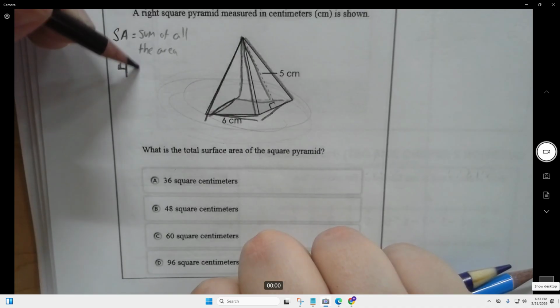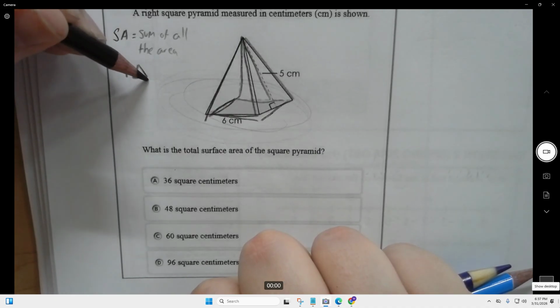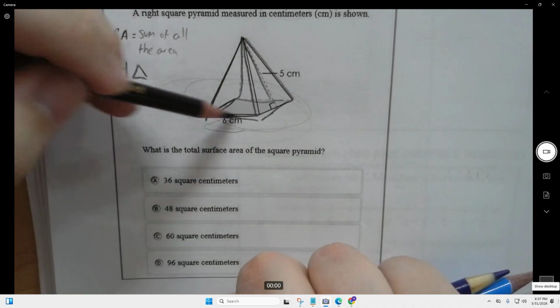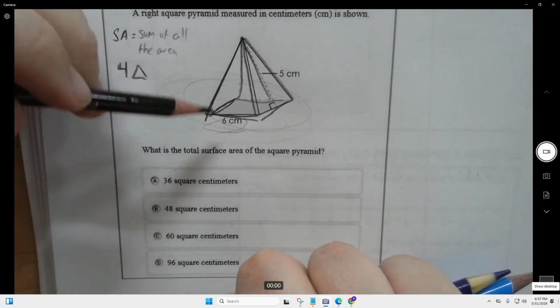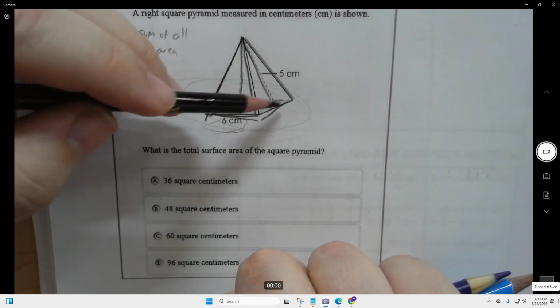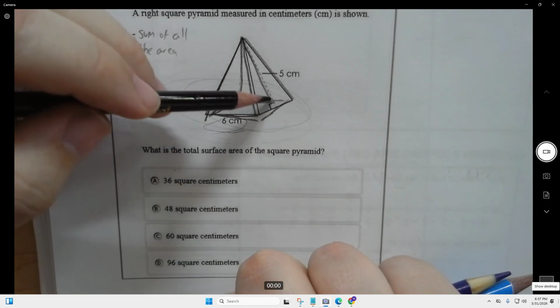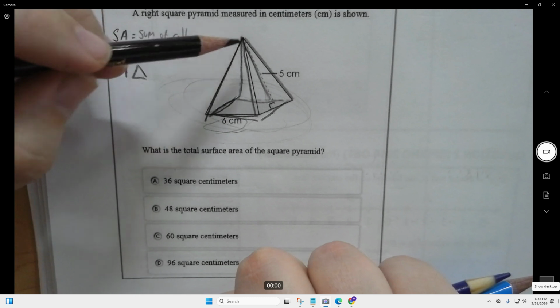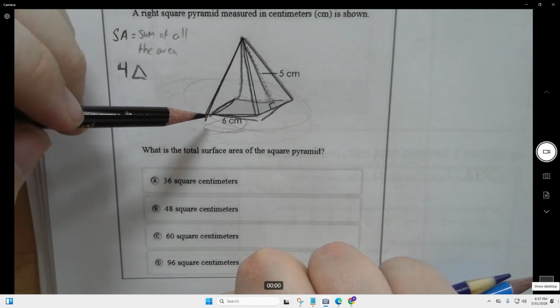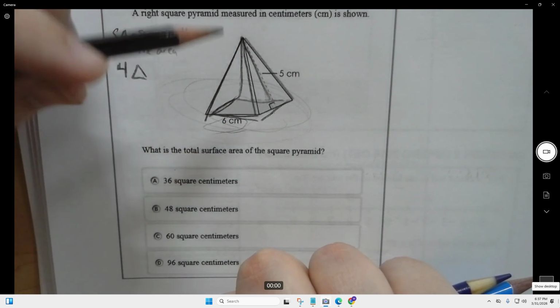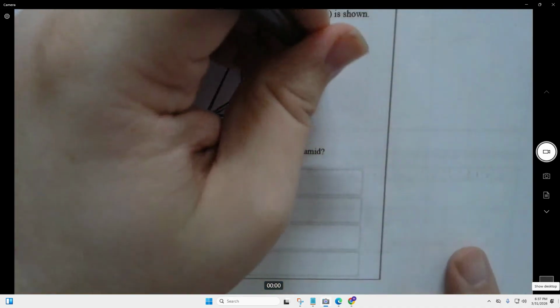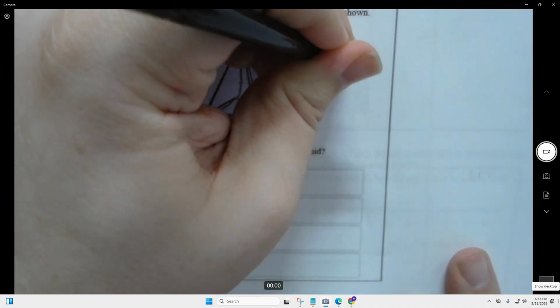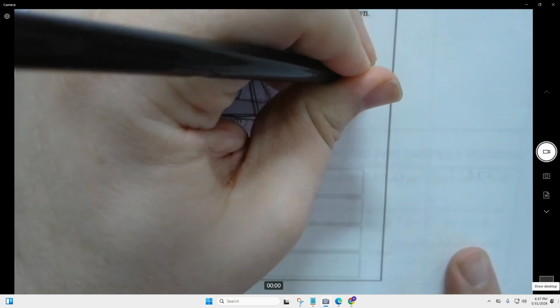All the triangles have the same base because this is a square. They're all 6. They all converge to the same point, so they all have the same height, which is 5. You remember the area of a triangle, as we said earlier, is 1/2 base times height.